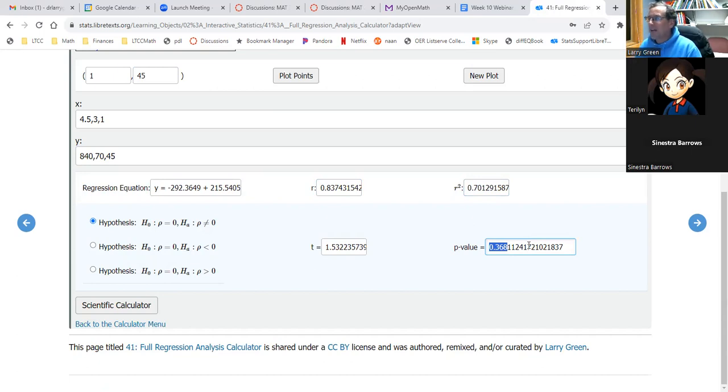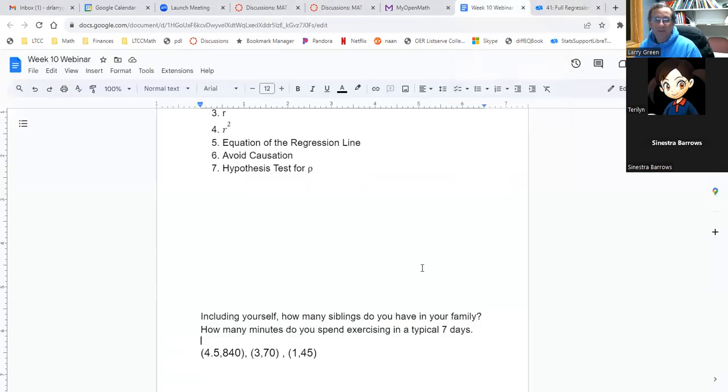Yeah, small sample size. When you have a small sample size, good luck having a good p-value. Okay. Any questions on that? So I want to show you this example where we actually plotted a few points. And that was that example. Any questions on this?